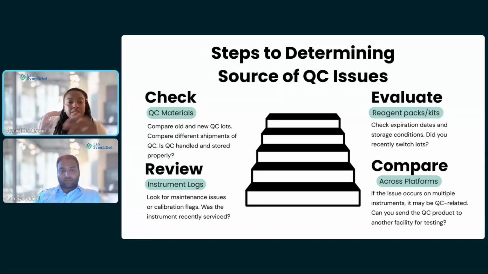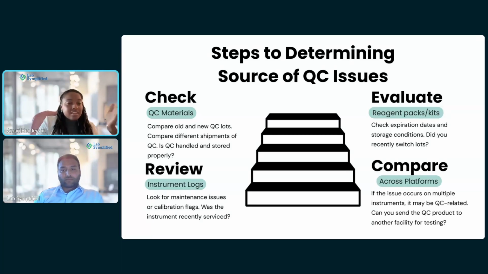We want to compare our last acceptable run result to what we're getting now. You can just start by remixing your QC and rerunning it, just to rule out any operator-related issue, or maybe the QC wasn't mixed properly. That's a good starting point.